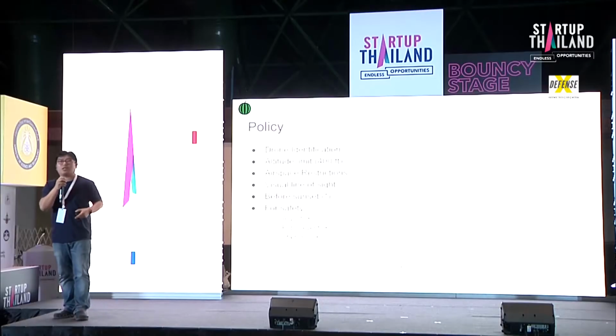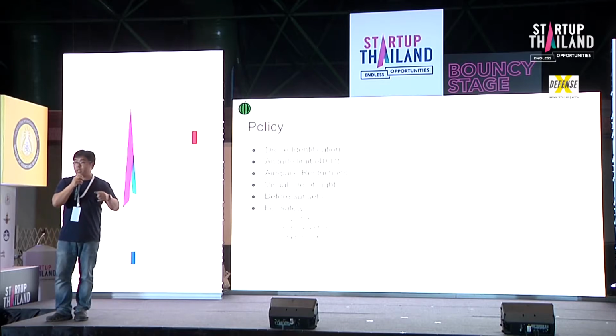Next is the altitude limit: in the United States about 400 feet, and in Korea 150 meters, which are almost the same. Another is airspace restriction, like military areas where you cannot fly your drone.